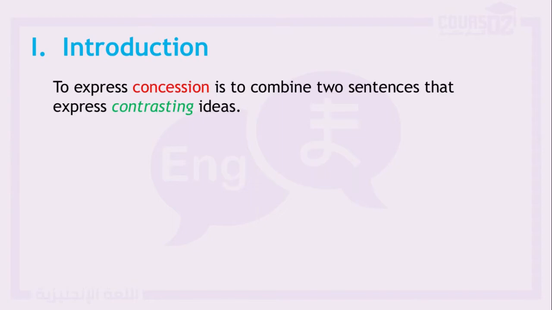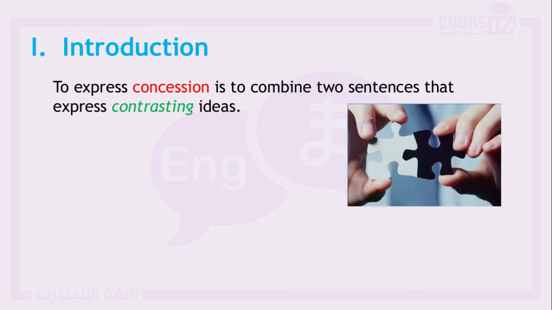نبداو بالمقدمة. To express concession is to combine two sentences that express contrasting ideas. يعني التعبير عن الكونسيشن هو أن نربط بين جملتين الأفكار تاعهم مختلفة. أوكي؟ نربط بين جملة A وجملة B اللي الفكرات تاعهم مختلفتين.